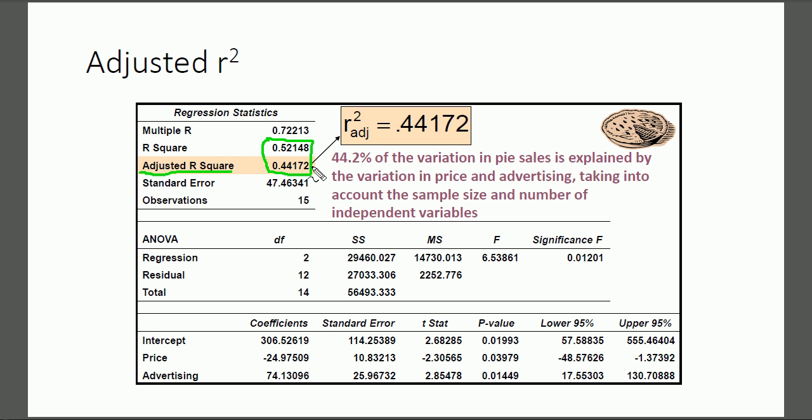So let's interpret it: 44.2% of the variation in pie sales is explained by the variation in price and advertising, taking into account the sample size and the number of independent variables. The formula for adjusted R-square takes these two things into account, whereas plain R-square does not.